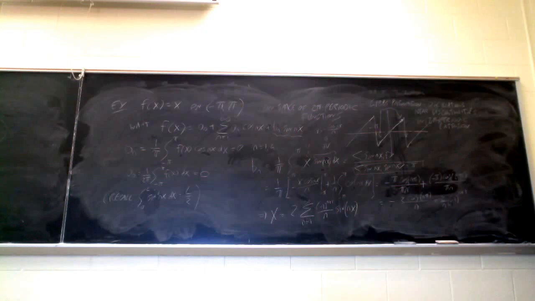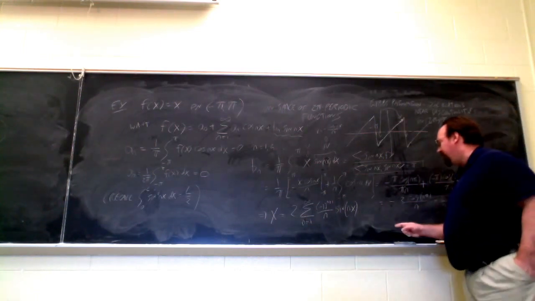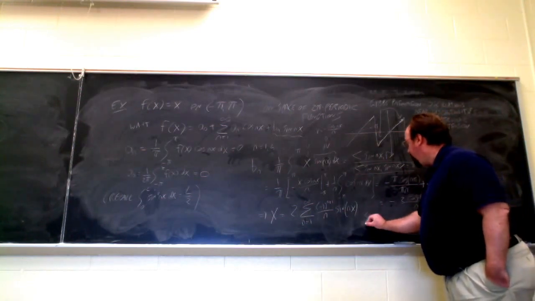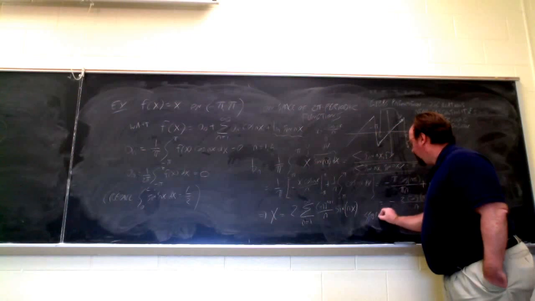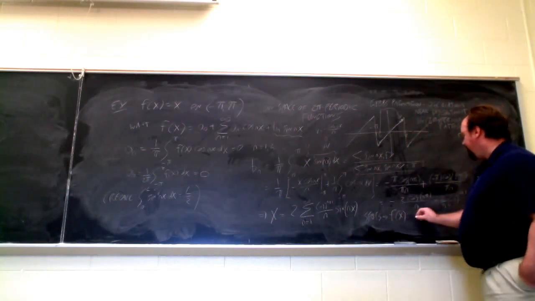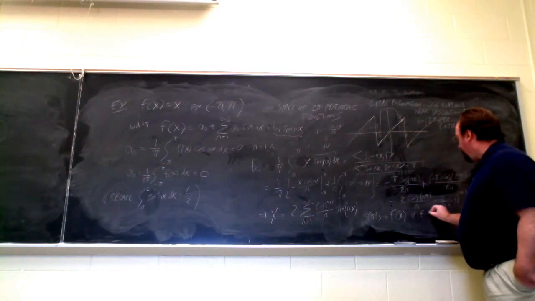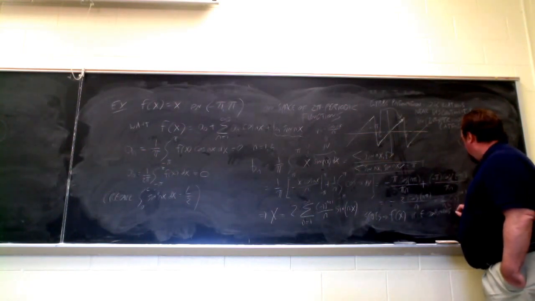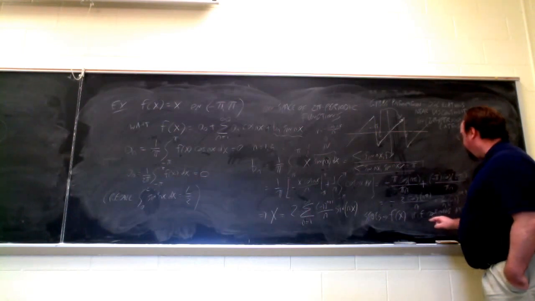Okay. So let's see. What happens is, and I'll say more about this as we get to the next section, the series converges to f of x if f is continuous at x.